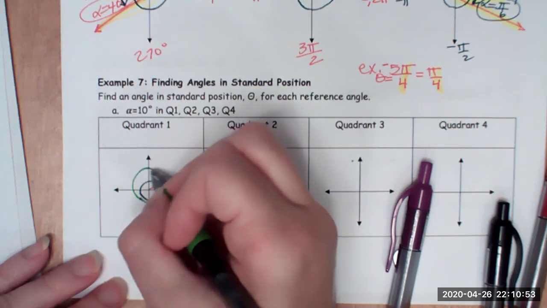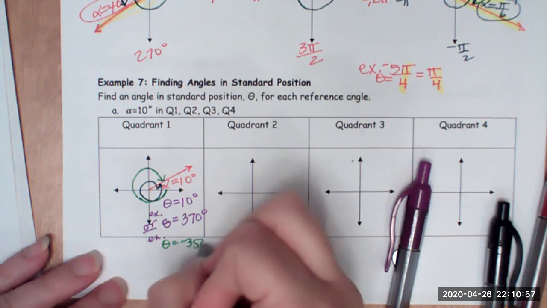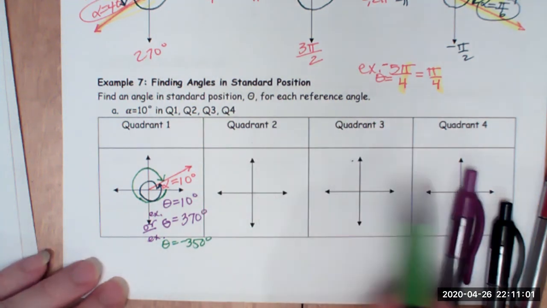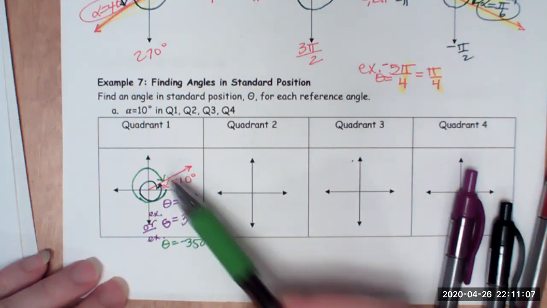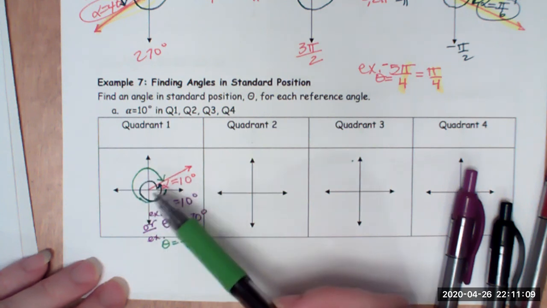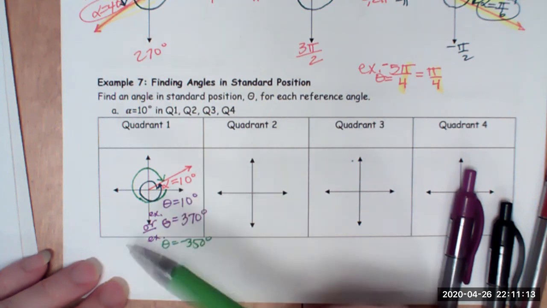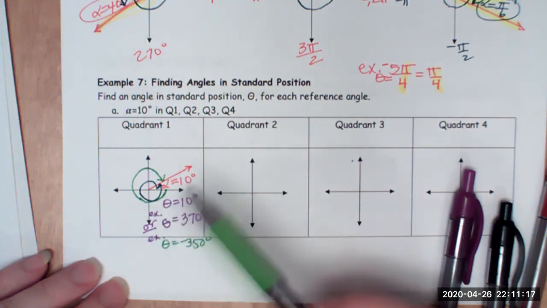And I landed here, I would be at theta equals negative 350. Okay. Now I'm not going to do this for every one of these. For the others, we'll just do one example of what theta would be for the given alpha. But just to give you an idea that really you have an infinite number of answers, because for every reference angle, there's an infinite number of coterminal angles.